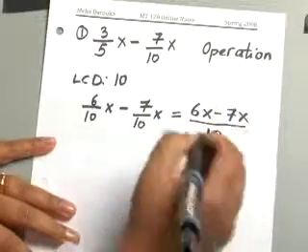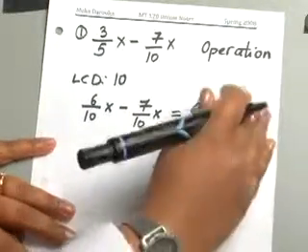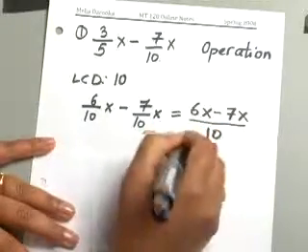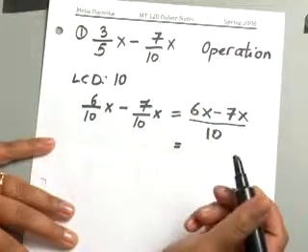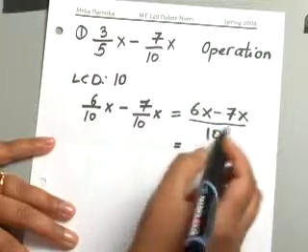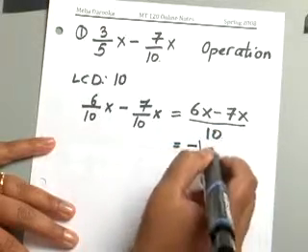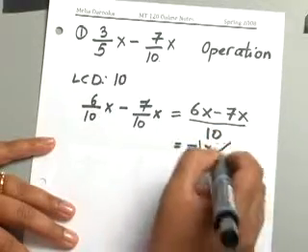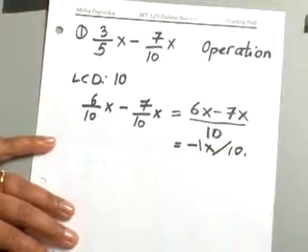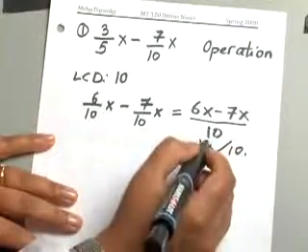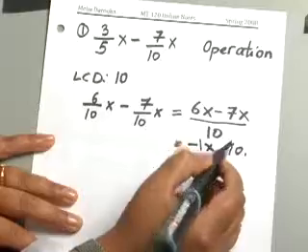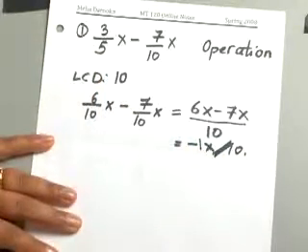And this will, of course, give you 6 minus 7x, which will give you negative 1x over 10. Okay, and you will see that will be your answer to this operation here.